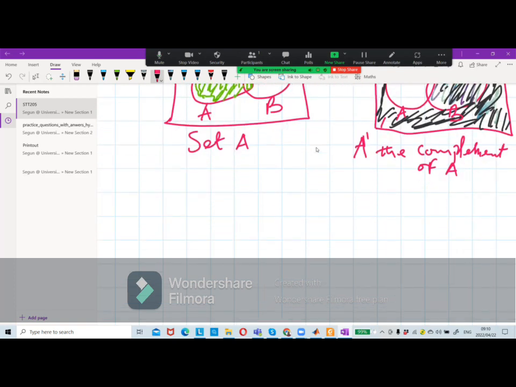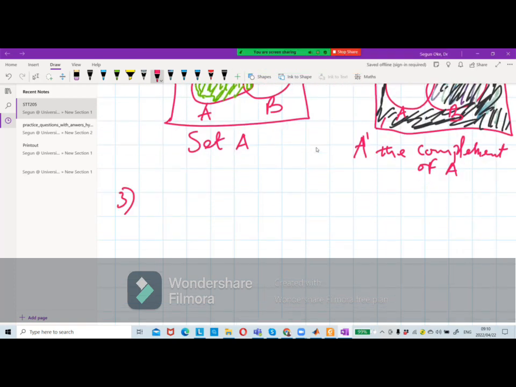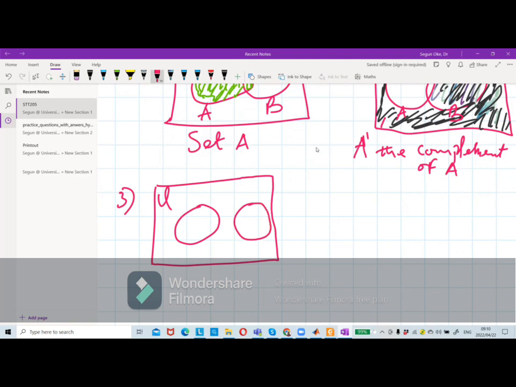So we proceed from there. Number 3, another diagram. Our A is here and our B is here. Is there anything in common?